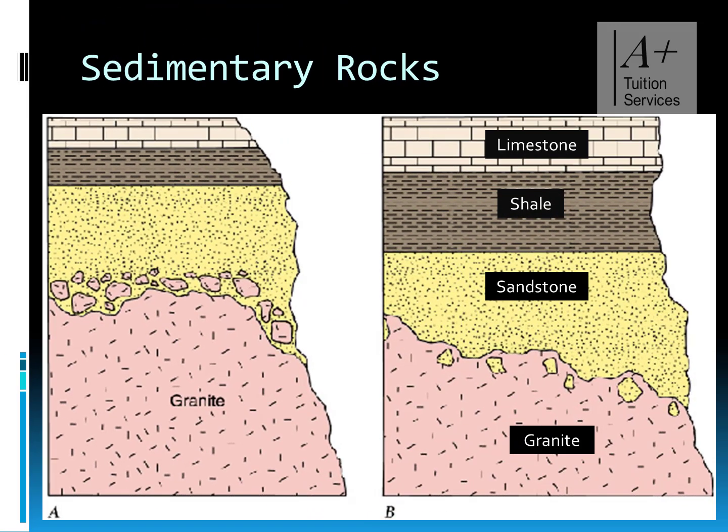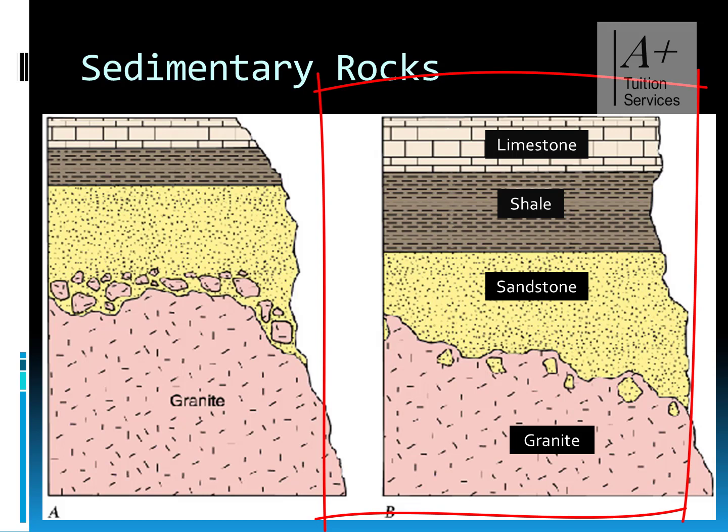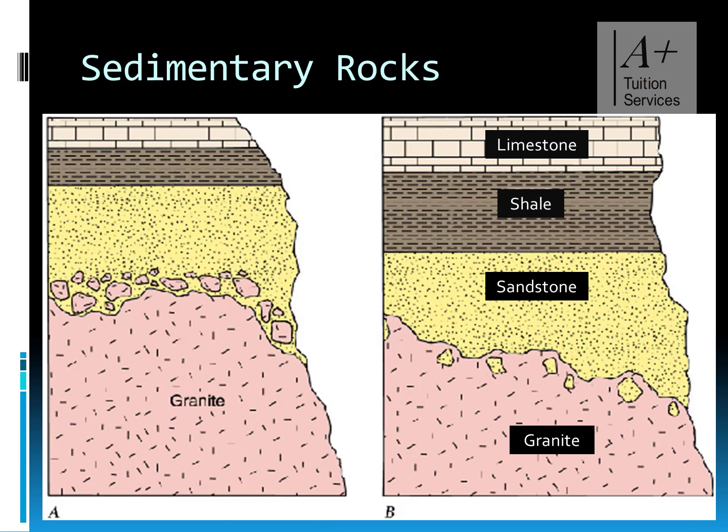So here we have a diagram showing the build up of sedimentary rock, right? We have a whole cliff, you can see on the diagram. At the very bottom of the diagram, we have granite. On top of granite, the sandstone built and stuck to it, and then shale, another type of rock, stuck to the sandstone, and at the very top we had limestone, and all compressing to form one sedimentary rock.